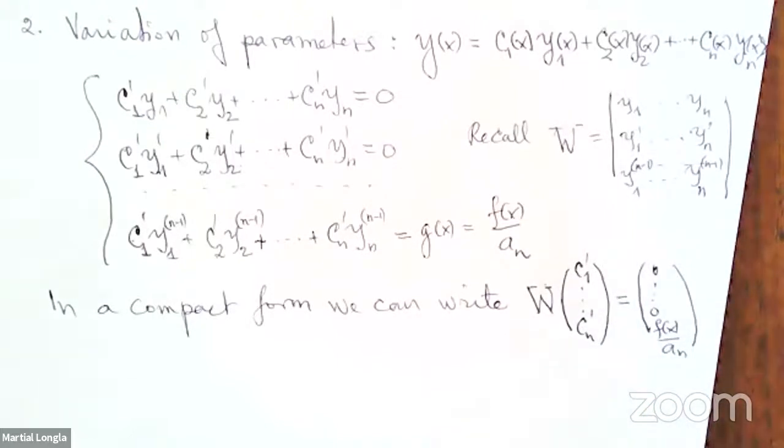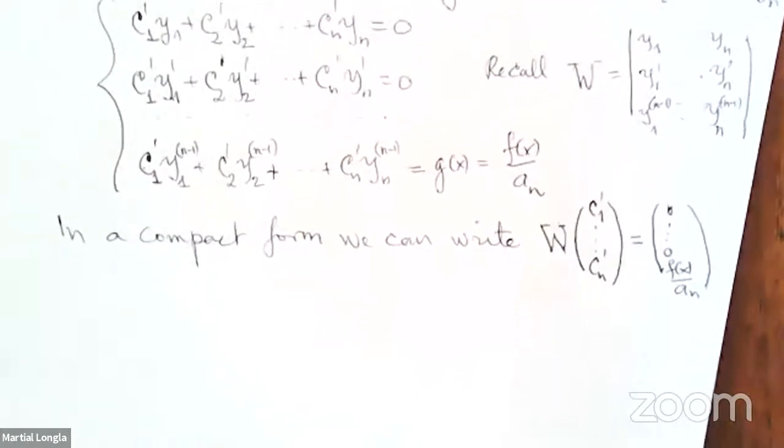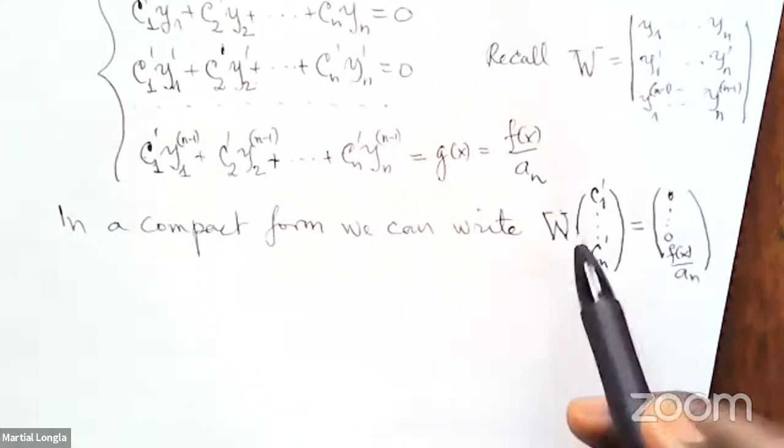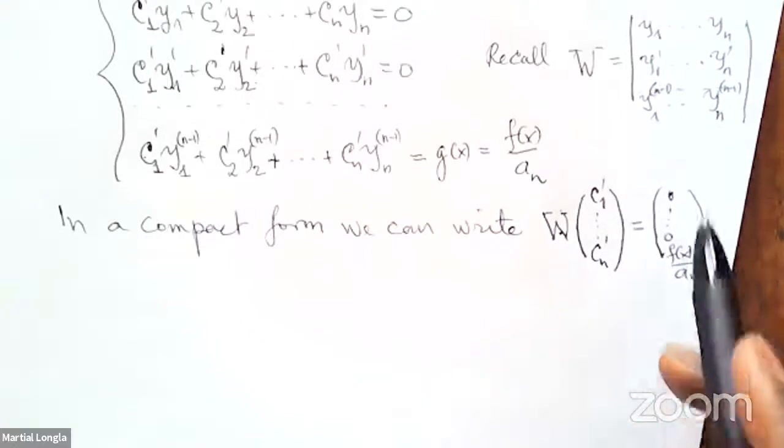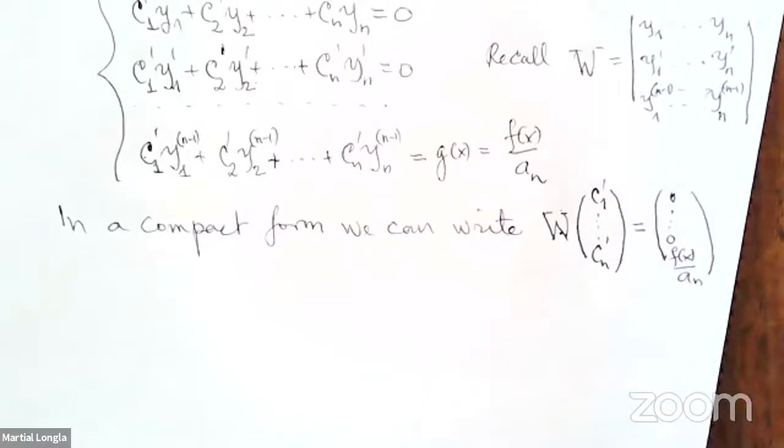This is how you would write that in an algebra course, right? The Wronskian times this vector of c prime equals 0, and then f of x over an.